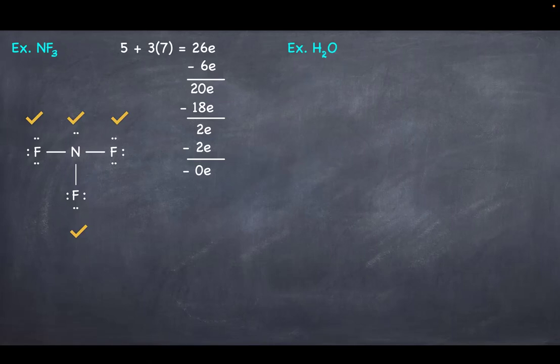So we go to the next one, H2O. We count the valence electrons, and then we make single bonds attached to the central atom, which is oxygen in this case. We subtract 4 electrons, and then we have 4 electrons remaining. We said we have to start with the outside atoms first, but since our outside atoms are hydrogen, they're happy with 2 electrons.